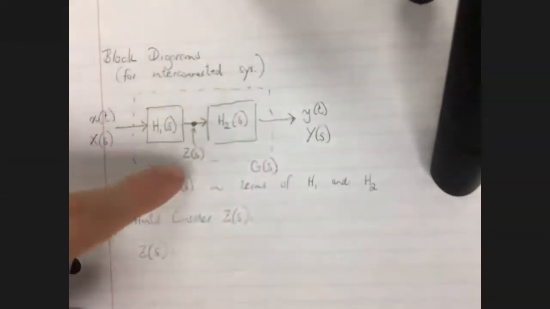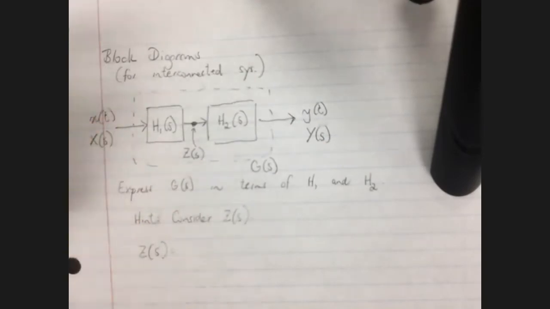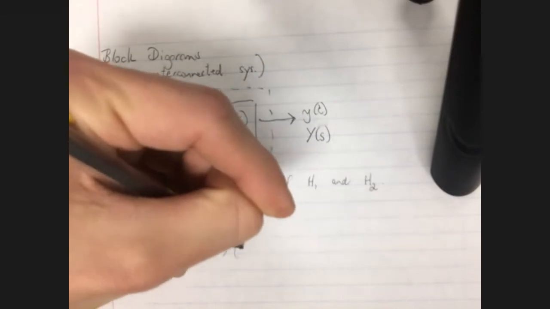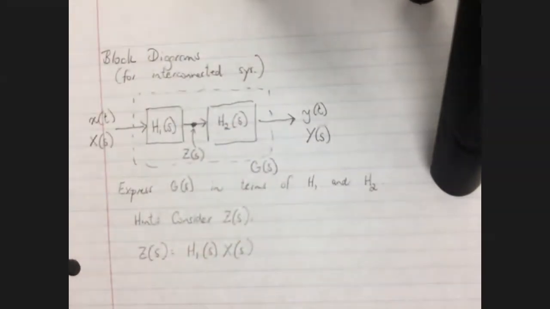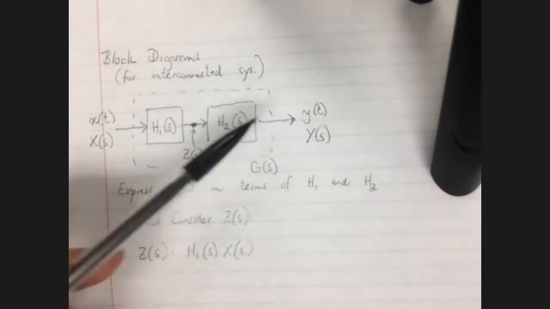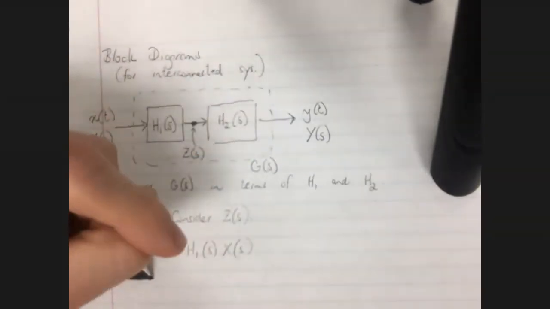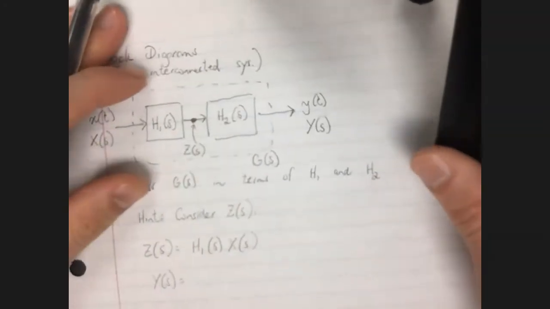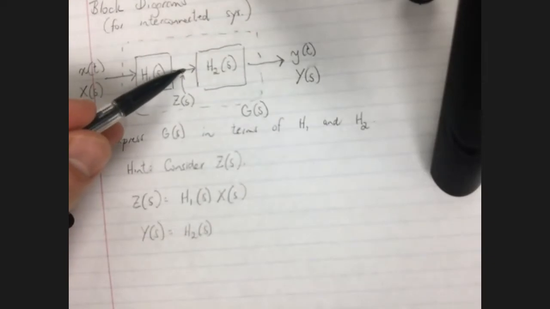So based on what I know, it's just going to be H1 times X. Then my Y of s right there is going to be equal to what? It's going to be equal to H2 times its input signal, which is Z of s.